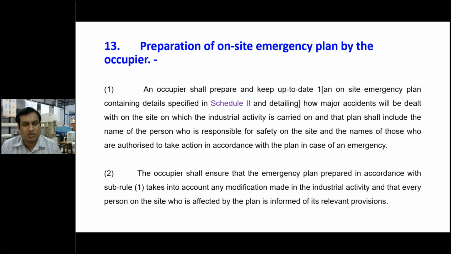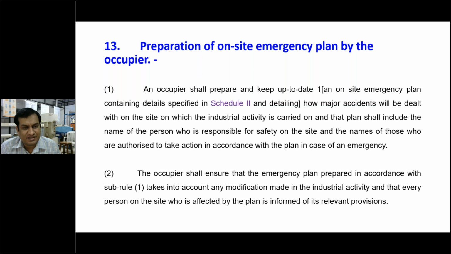An occupier shall prepare and keep up to date how major accidents will be dealt with on the site. If you are going to deal with it on the site, it is called on-site, and that is why that emergency plan is called the on-site emergency plan, right? The contents in detail are given in schedule 2.